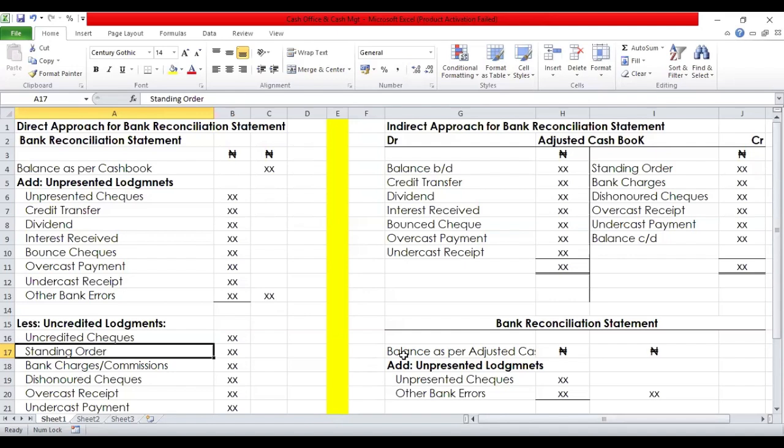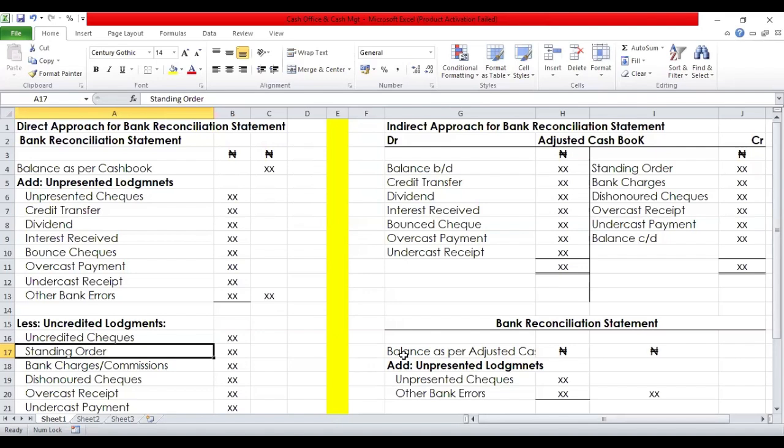We have errors that will affect the trial balance and errors that will not affect the trial balance, which is also part of what you are going to be seeing in your reconciliation. Now, what are these types of error we are referring to? Errors that will affect the trial balance: we have errors of single entry, we have transposition error, we have partial omission or partial entry. Those are the errors that will affect the trial balance.